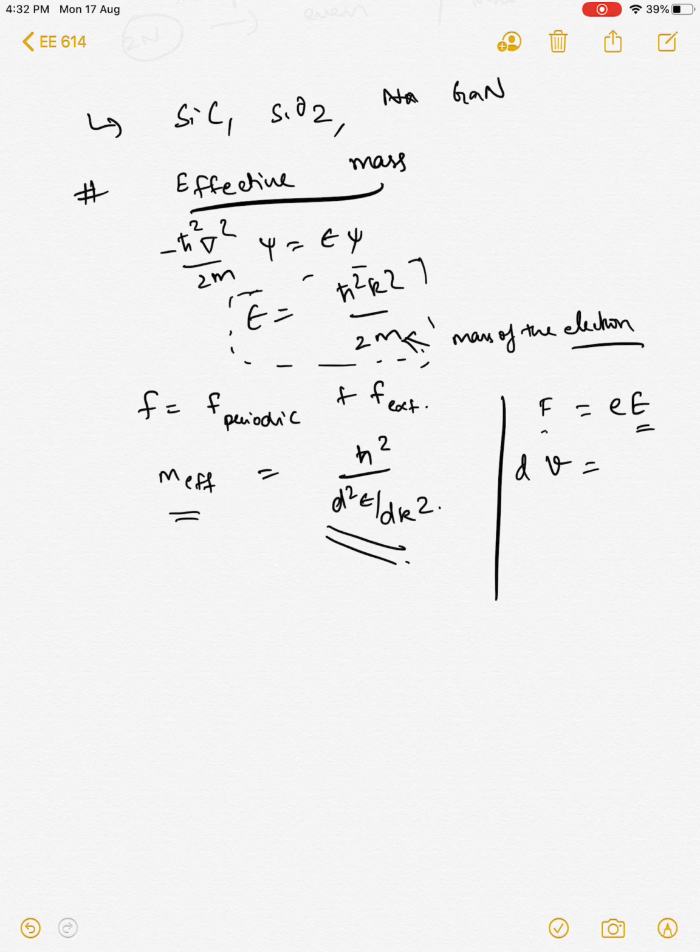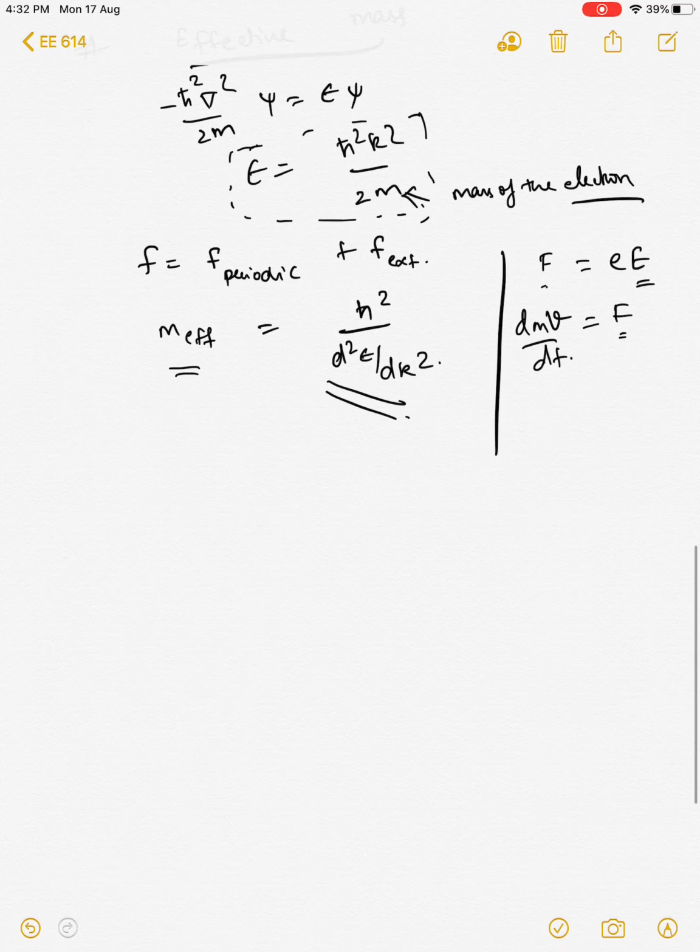It is dp by dt. So given the force, I know what is the velocity. If I know the velocity, I know the current. So a fair idea of mass can give us what will be the amount of current for a given potential, which is what most of the times we deal with in a semiconductor, right? We apply a potential, we want to guess what's the current.